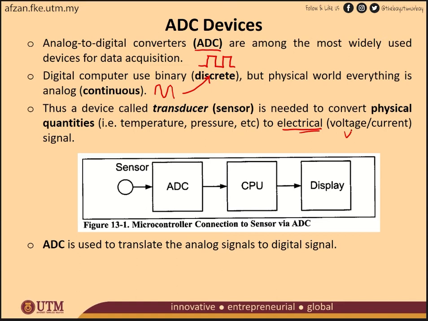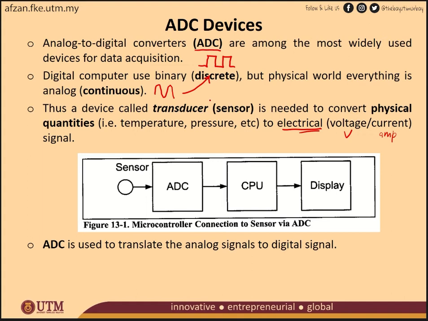So after it is converted to this electrical signal, either a voltage signal or current, we can then convert this analog signal to a discrete signal by using the ADC.